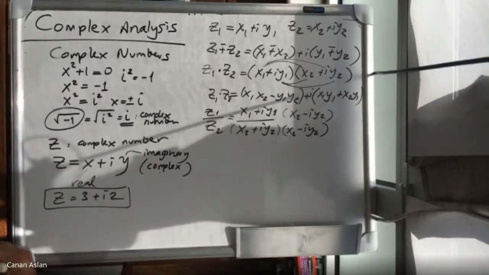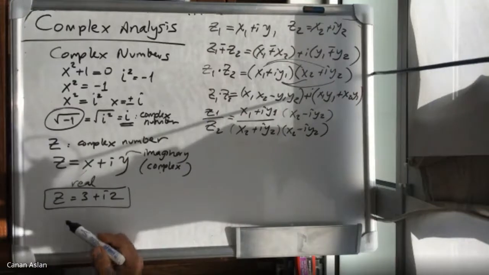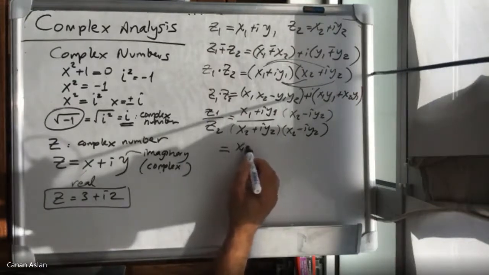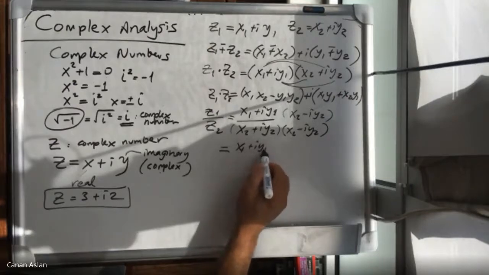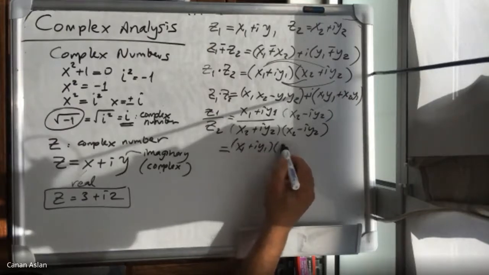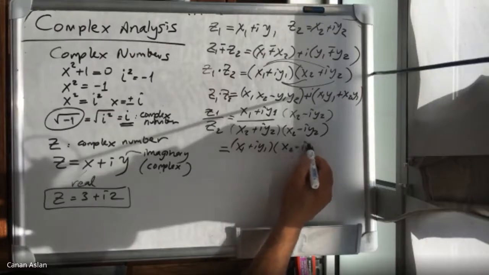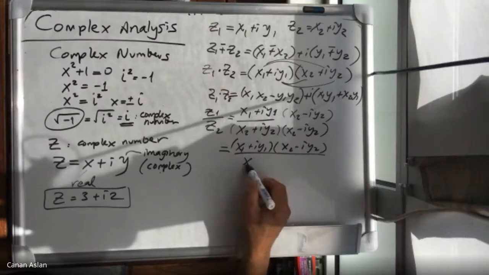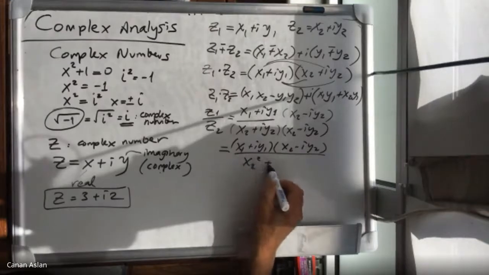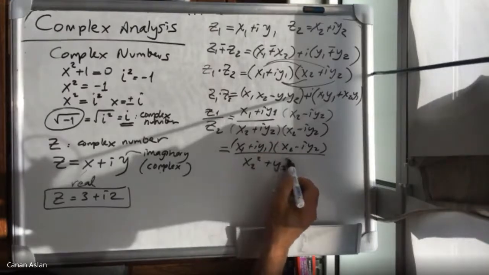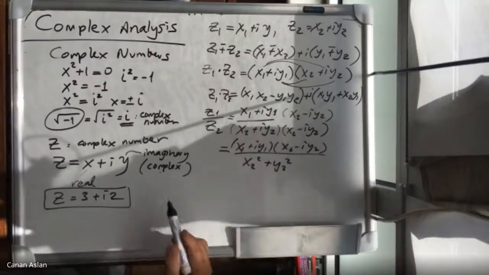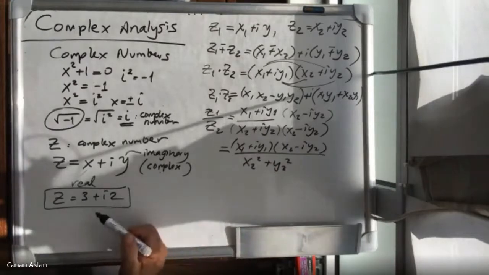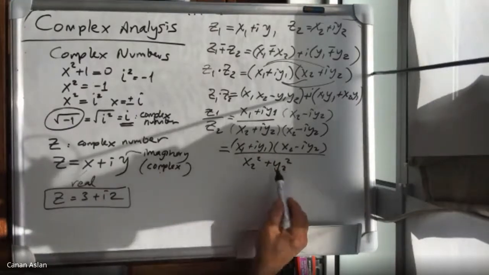So if we do this, we will get simply x1 plus i y1 times x2 minus i y2 divided by, now let's see what happens, x2 squared plus y2 squared. The i terms will cancel each other because one is plus, the other is minus, right? So the intermediate terms will cancel each other, and then we will end up with this.